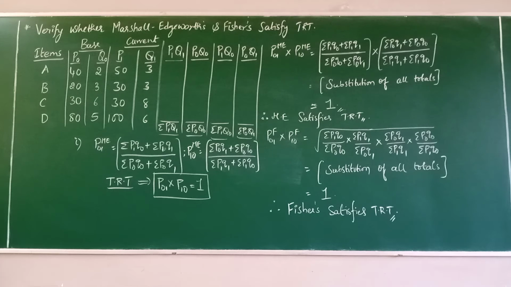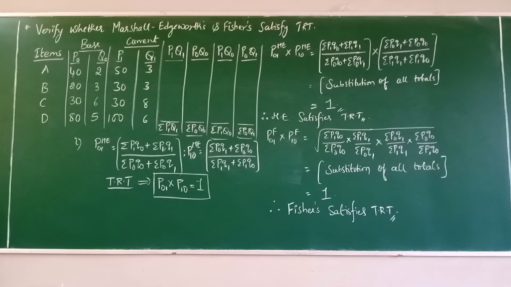You are not supposed to write what I have written on the board, because I have not done the totals; that is why I made the statement there, substitution of all the totals. So substitute the totals, prove that it equals 1, the TRT condition, and then write the conclusion that Marshall-Edgeworth satisfies TRT.